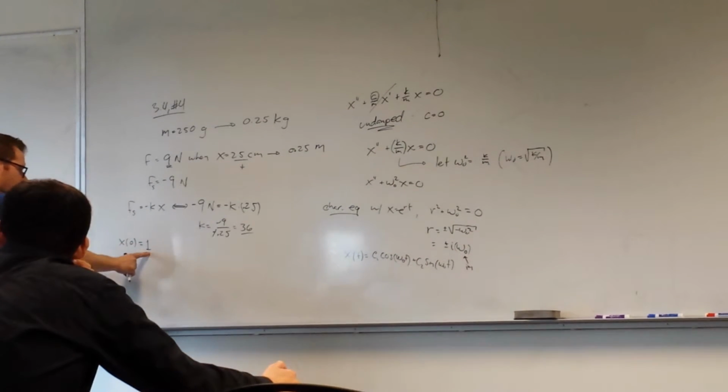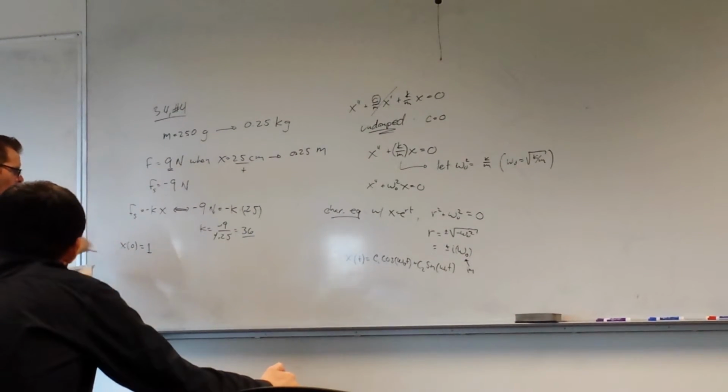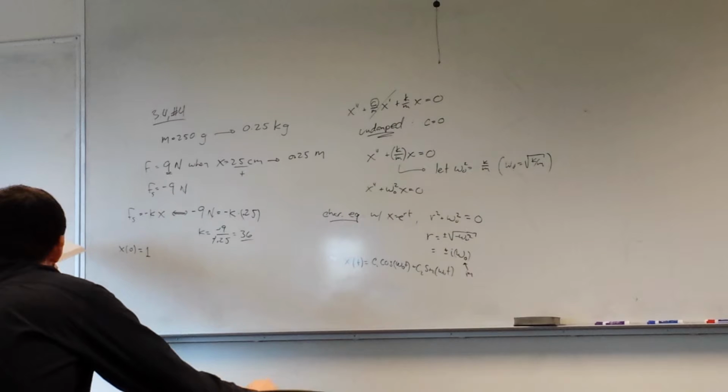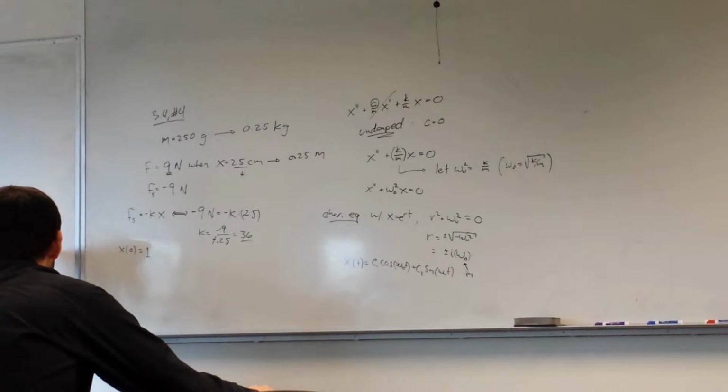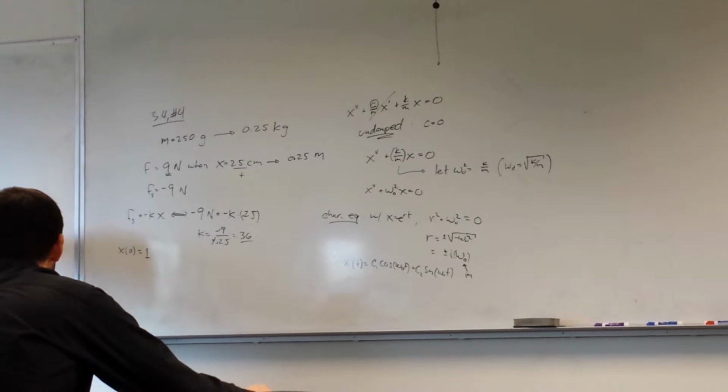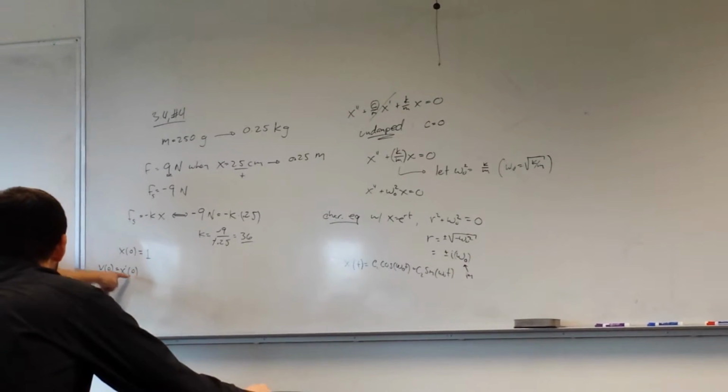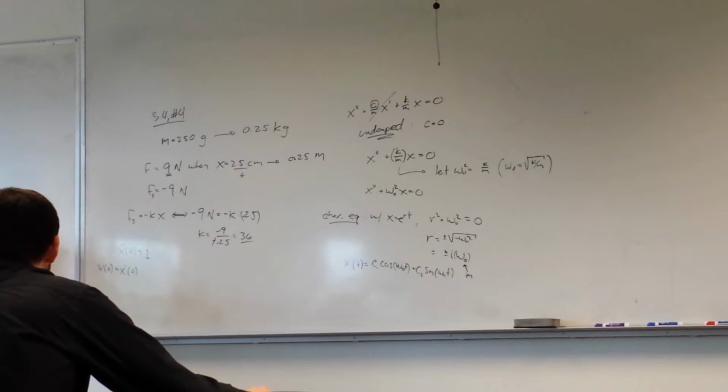So I'm going to take x naught to be 1, and set in motion with an initial velocity of 5 meters per second to the left. So this would be x prime of 0. They're giving us a velocity. That's the derivative, the rate of change of the position.